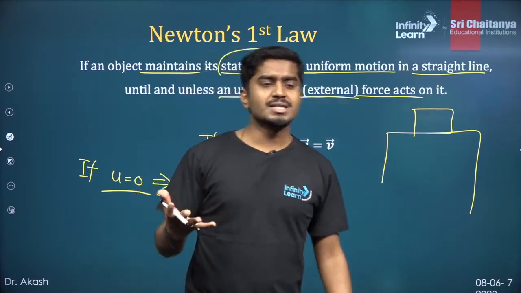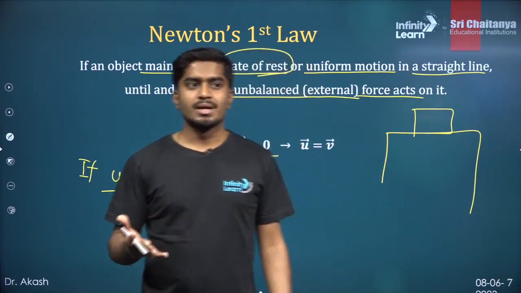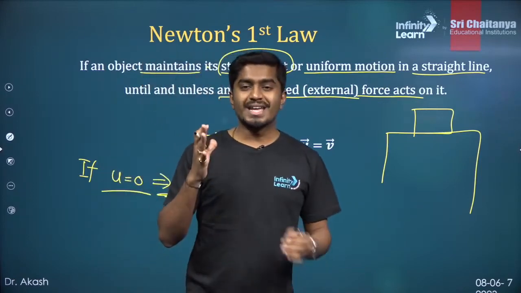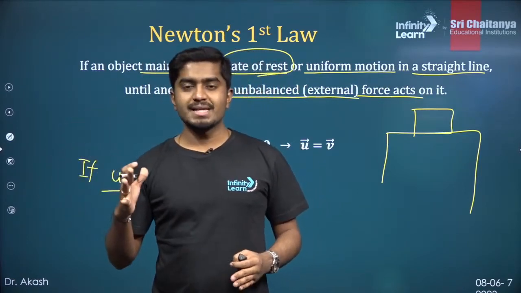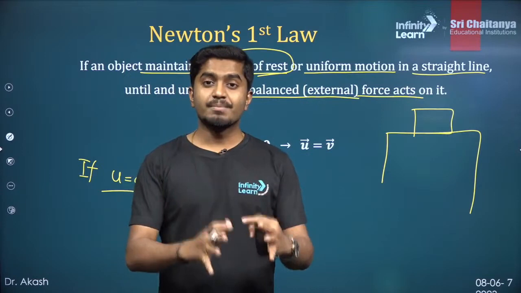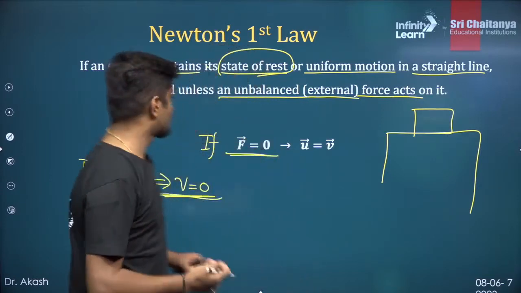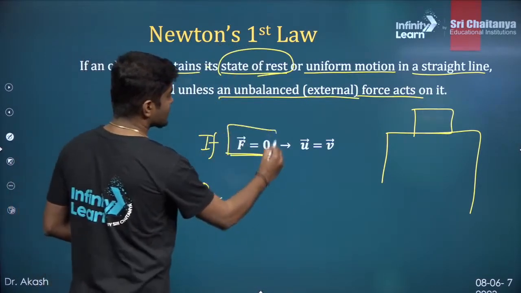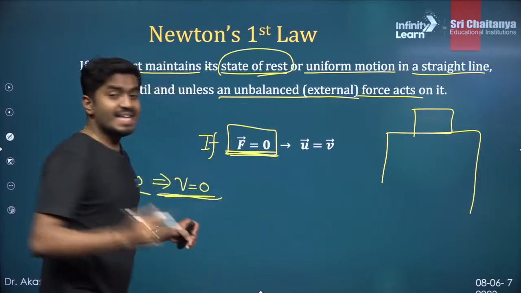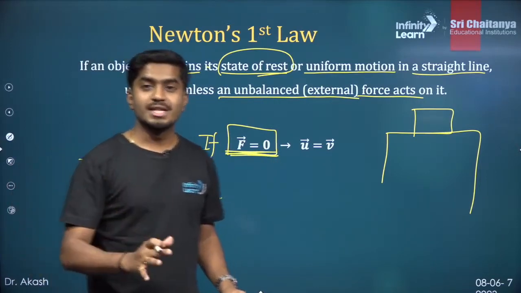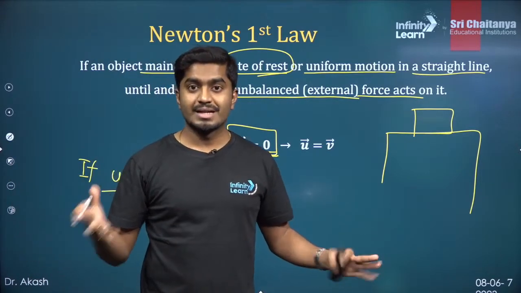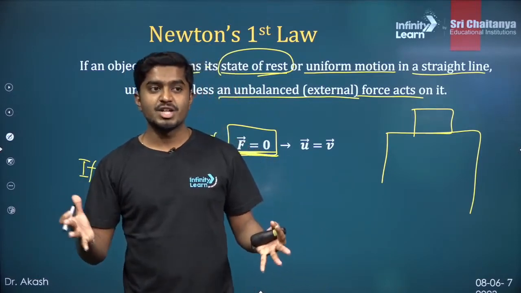Do you watch sci-fi movies? If you are in outer space, there is no gravity. That means there is no external force, so the external force is zero. Gravity is a very big force, right? Gravitation.